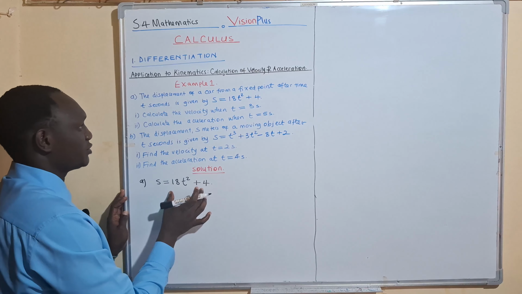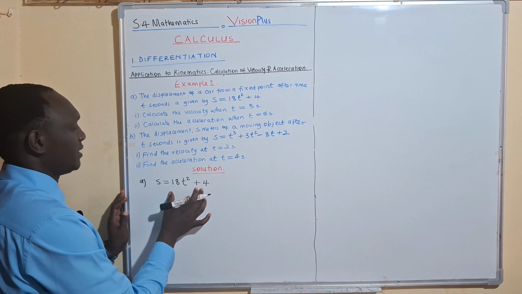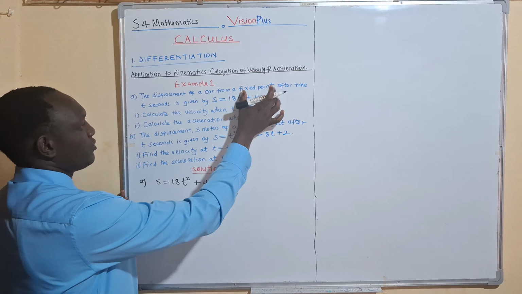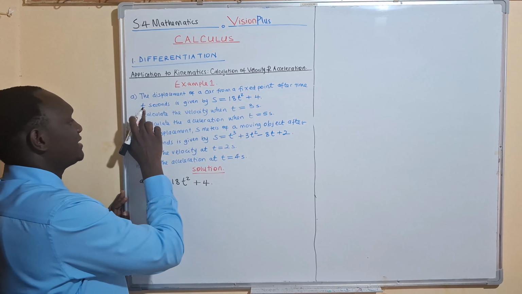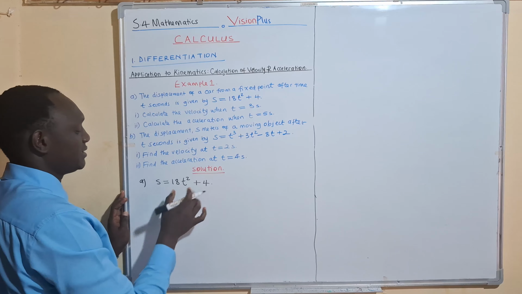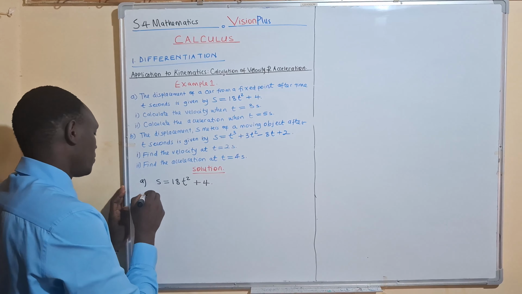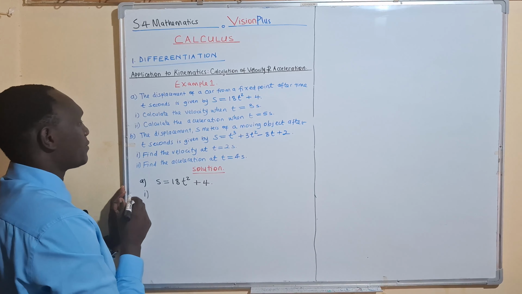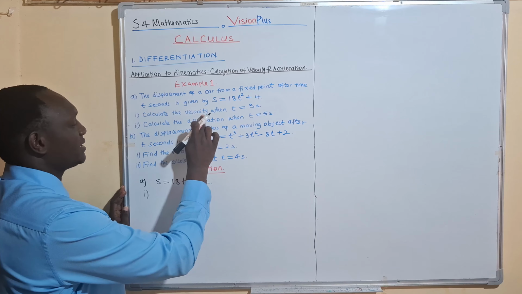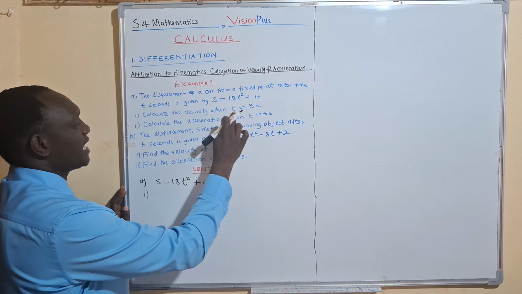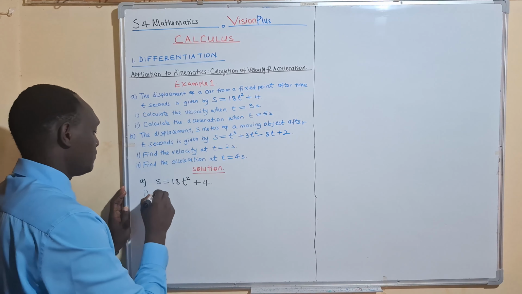This is the expression for displacement from a fixed point after any time t. Now, question A, Roman 1, says calculate the velocity when the time is 3 seconds.